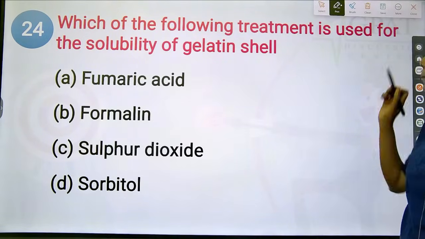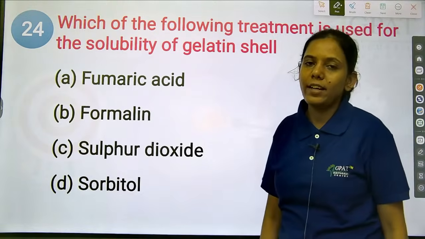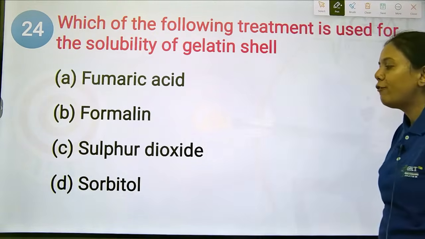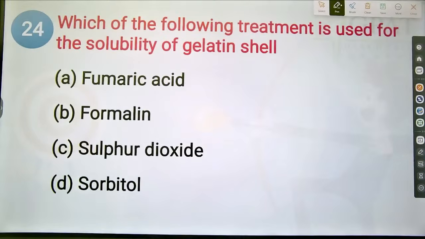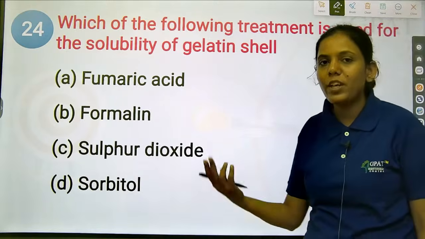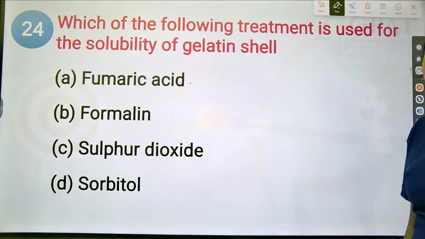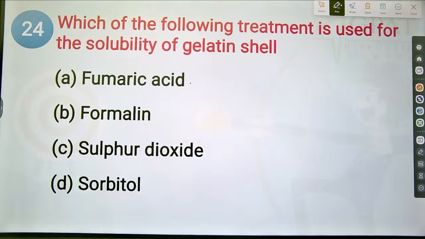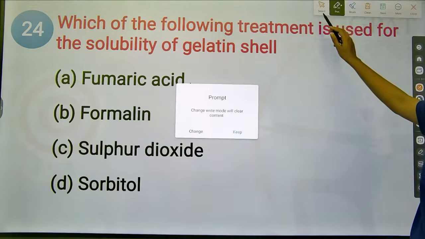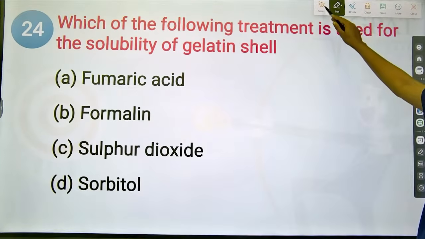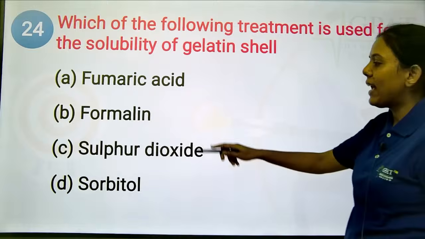Which of the following treatments is used for the solubility of the gelatin shell? Fumaric acid, formalin, sulfur dioxide or sorbitol? Just now we have seen that to increase the acid solubility and reduce the aldehydic tanning, we are using fumaric acid, right? We saw that in the previous question also. But which treatment is given for the shell?